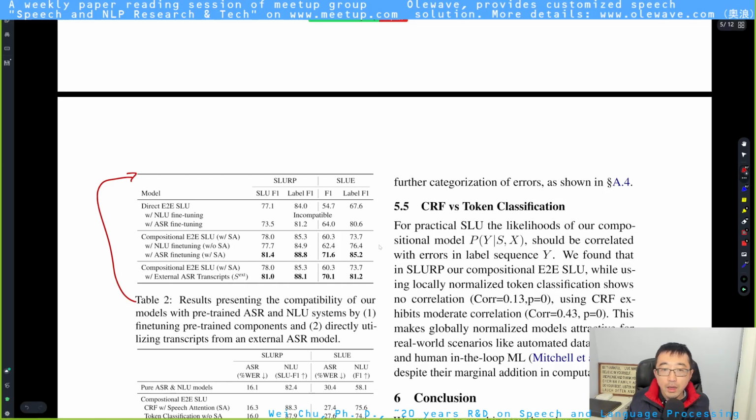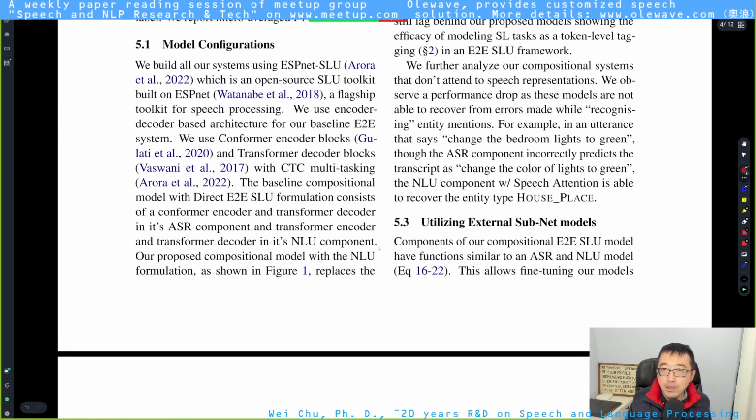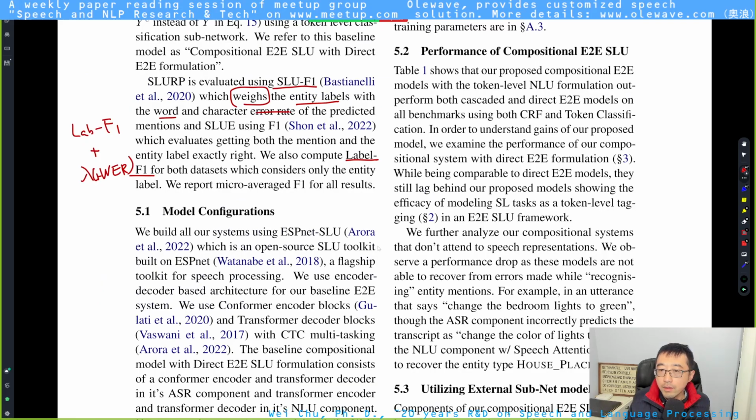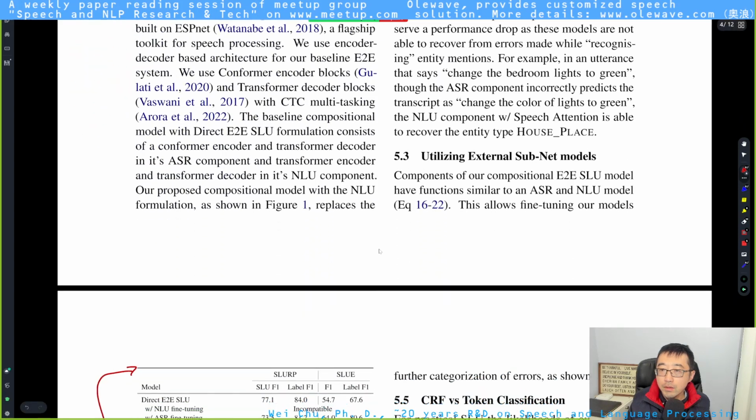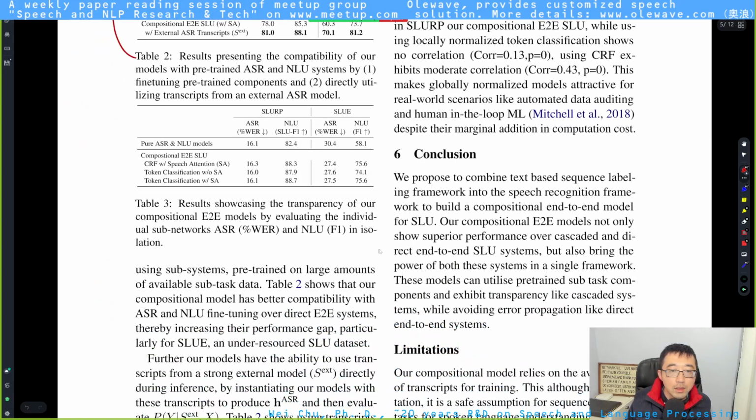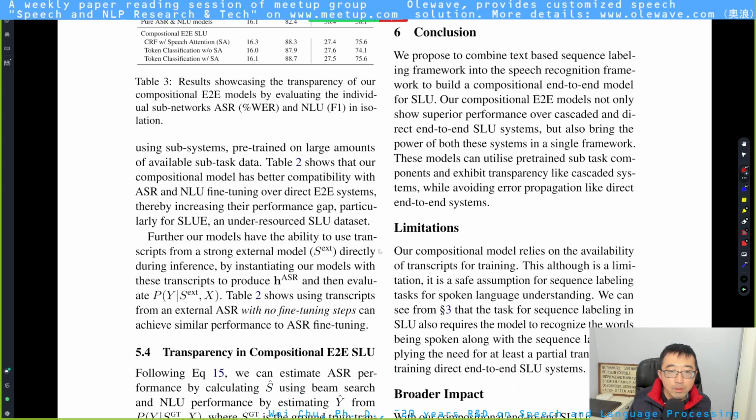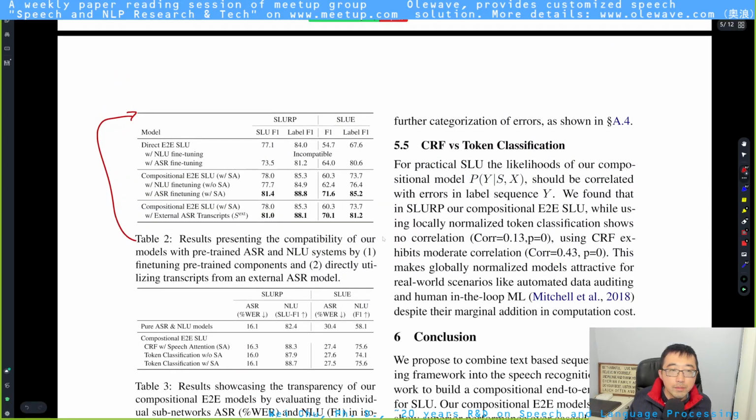Yeah, I think I didn't read much of the details. When they're saying incompatible, I didn't think clearly about what they meant by this, but I'm more familiar with the ASR.